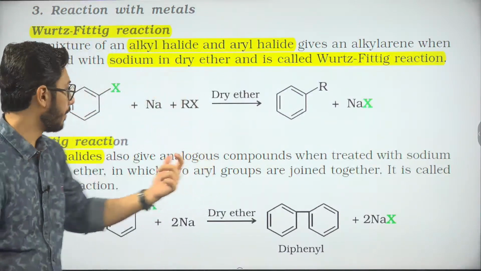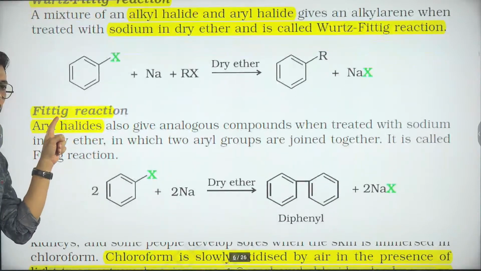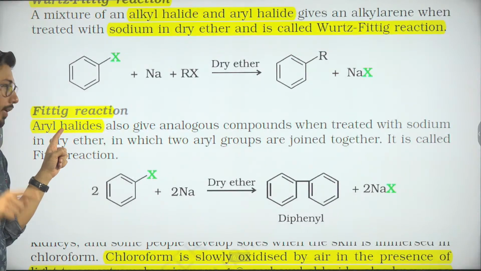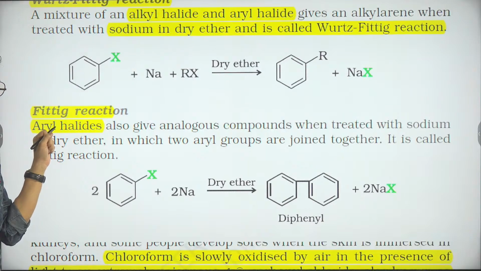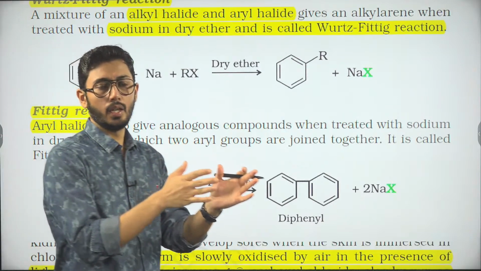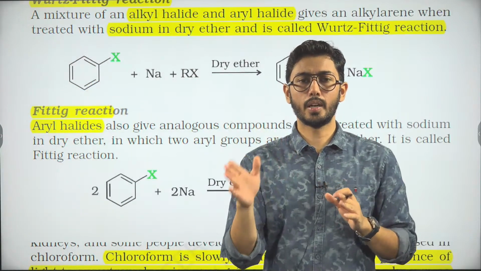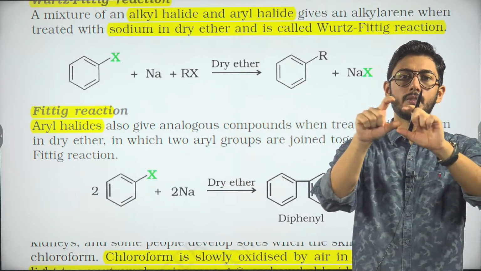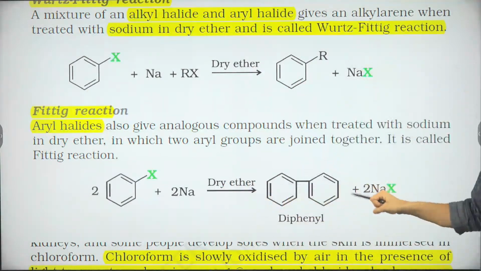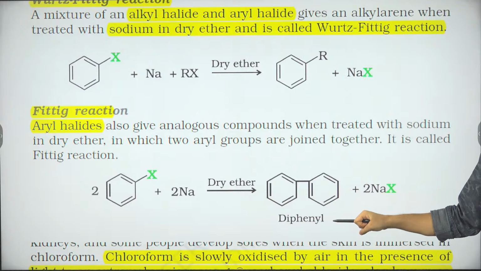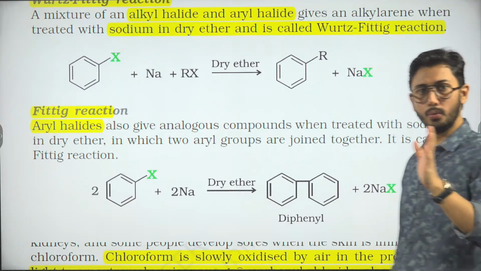Now similarly, the Fittig reaction first. In the Fittig reaction, we are not taking alkyl halide, we are taking only aryl halides. The same reaction then. Aryl halide, 2 moles, is taken with sodium metal in dry ether. A benzene ring combines with a benzene ring by a single bond, and that is biphenyl formation. Similar to which one? Wurtz.